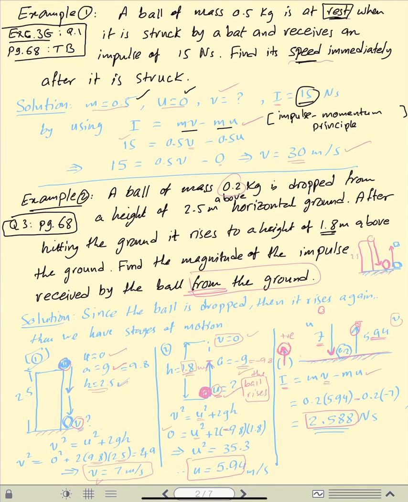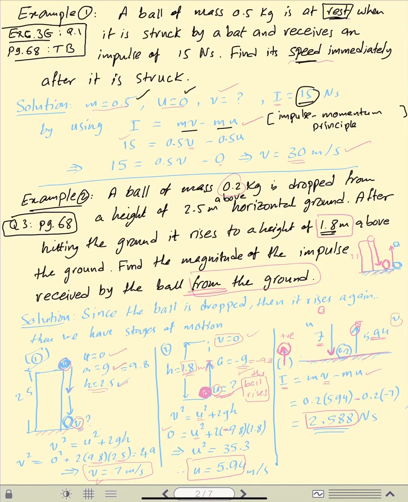What will happen here? When it rises again, we don't know its speed, so we have to find U, which is the speed when it rises again. When it goes up, the acceleration is minus G, minus 9.8 meter per second squared, reaching a height of 1.8 meters. So velocity is 0. When he said 1.8 meters above the ground, we understand that the motion is finished here.